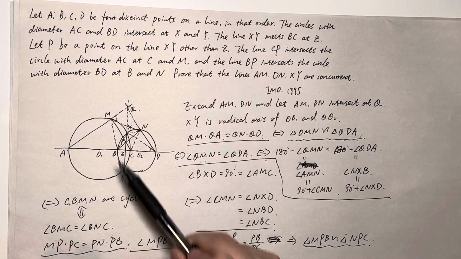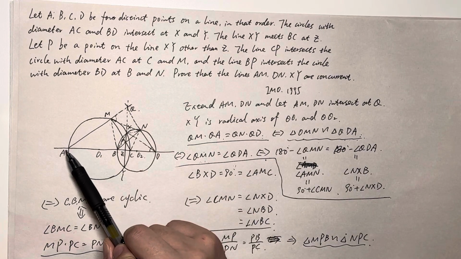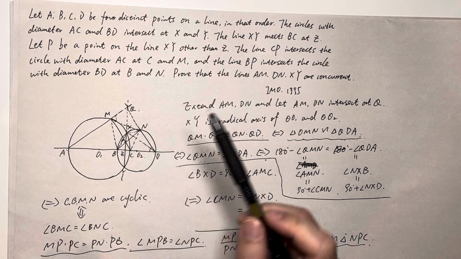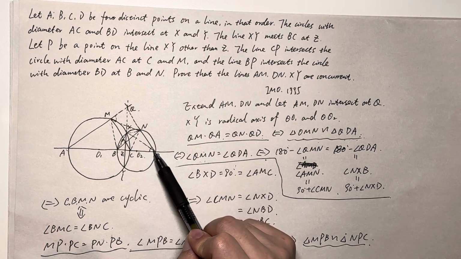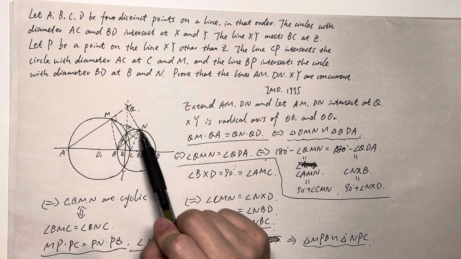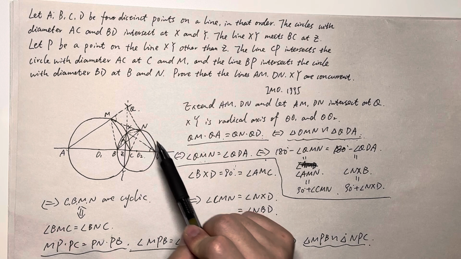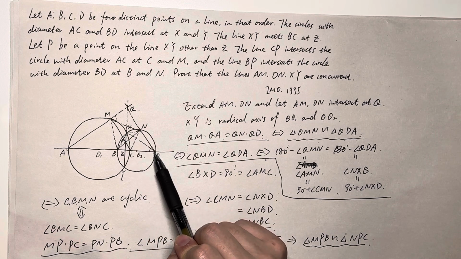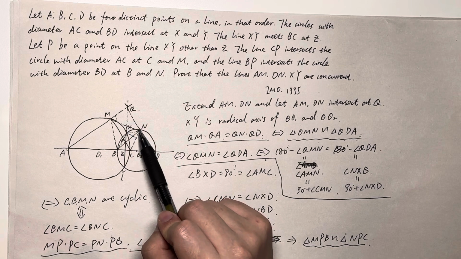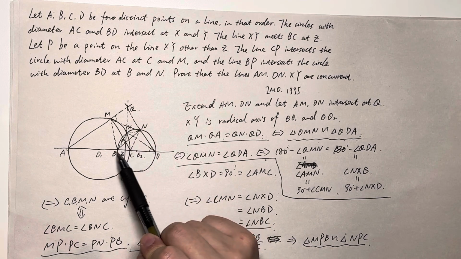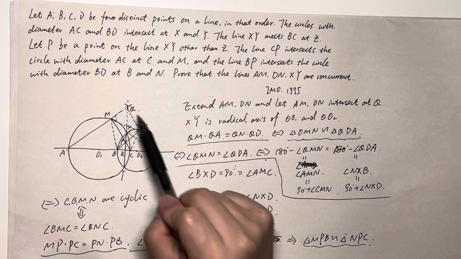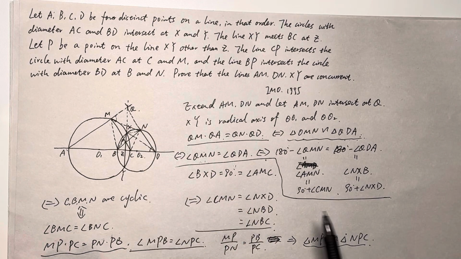Once we transfer it, then we already know that angle AMC is 90 degrees, angle BXD is 90 degrees. So we transfer it to proving that angle CMN equals angle NXD, which means we want to prove angle CMN equals angle NBC, which means we want to prove BCMN is a cyclic quadrilateral.